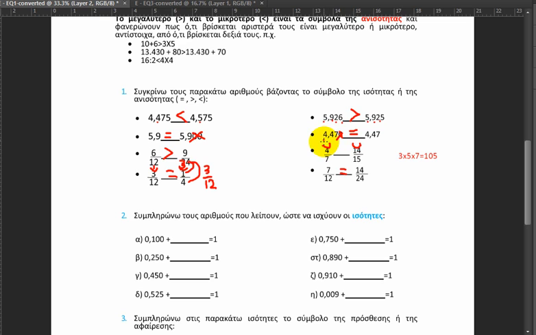In this hat, I'm going to put 15, because if you ask yourself how many times 7 makes 105, the answer you would get is 15. And in this hat, I'm going to put 7, because how many times 15 gets 105? 7. 15 times 4 gives us 60 over 105.